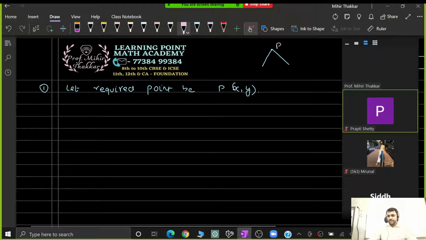This is your point P, and A and B are equidistant from the point P. So whatever the coordinates of A and B, I have to use the distance formula for the distance AP as well as the distance BP or PB, whatever you say. Because we are given that PA is equal to PB, we will be using the distance formula to find the required equation of the locus. So I will say over here that let the required point be P(x, y).